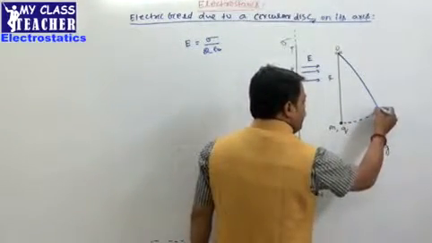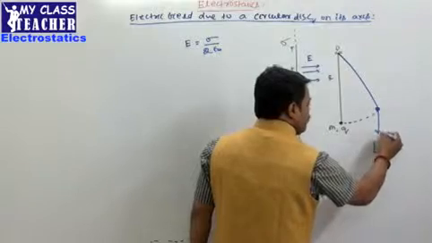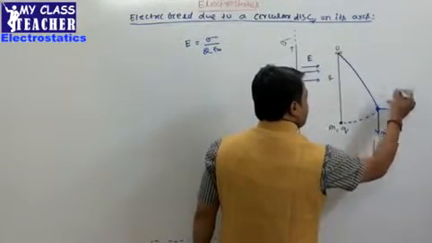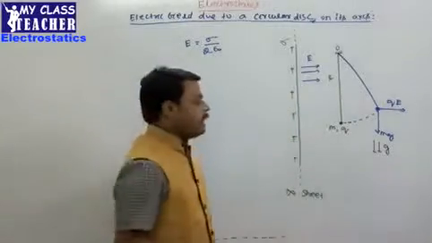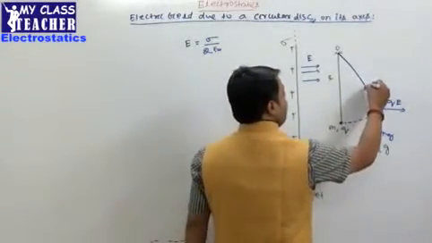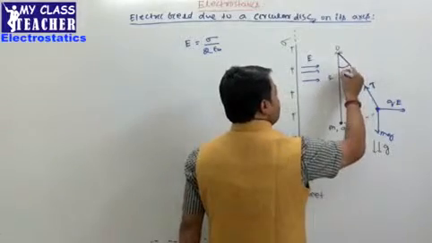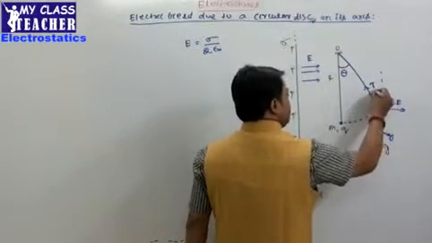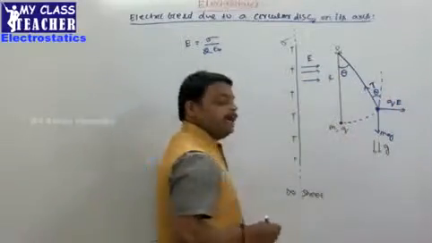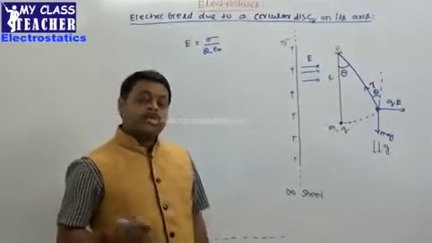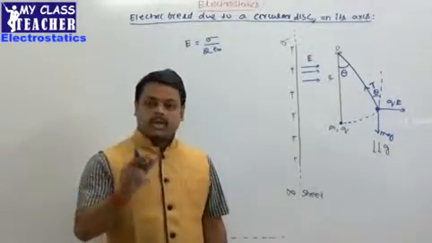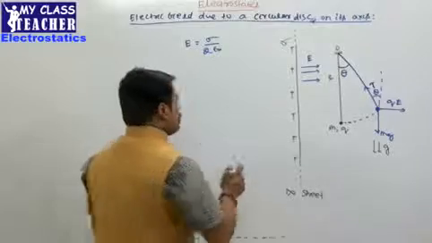So in the free body diagram at equilibrium, the gravitational force is mg and the electric force is q into E, because the mass of the particle is m, the charge of the particle is q, and the tension in the string is T. This angle is theta. We have to calculate this angle. Since this is the equilibrium position, the resultant force will be equal to 0, because we know that at equilibrium the acceleration is 0, so the force becomes 0.